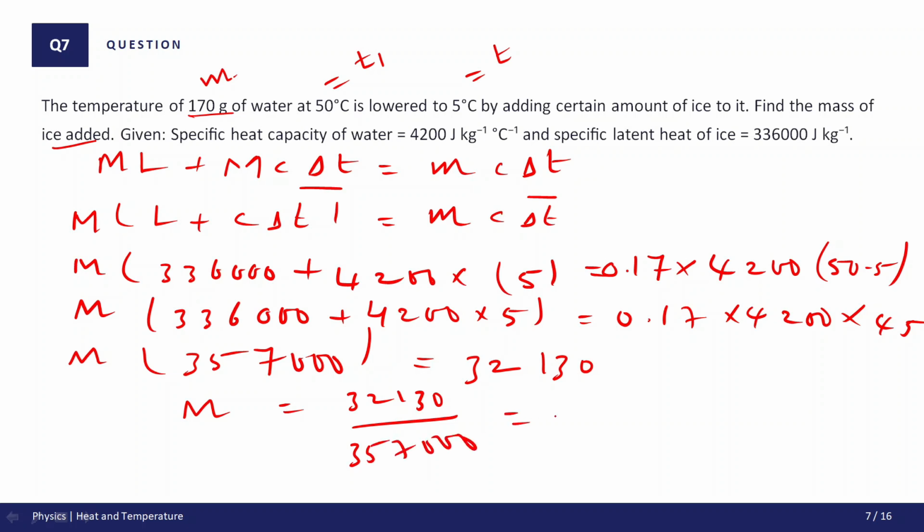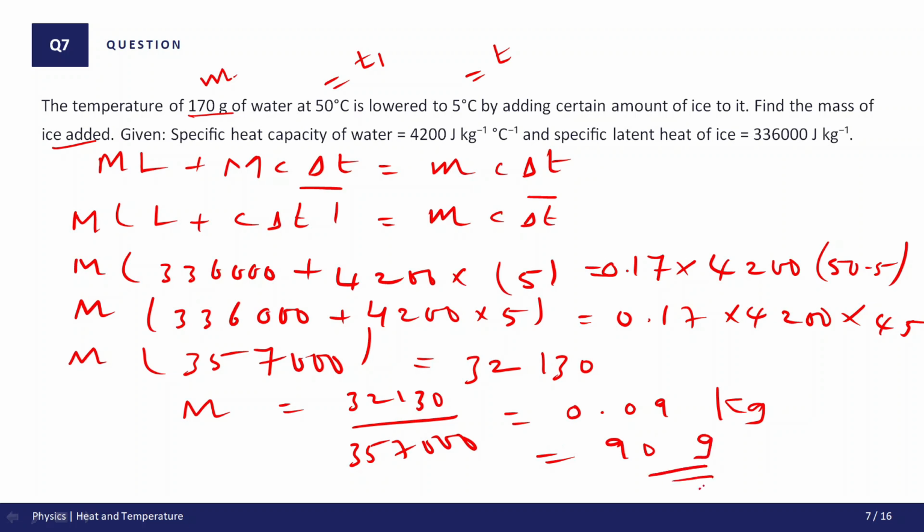Divided, you will get the answer 32,130 divided by 3,57,000 is equal to 0.09. So it is equal to 0.09 kg. Then how many grams it is? 90 grams.